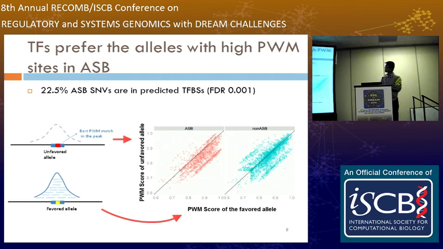So the motif disruption for the unfavored allele is related to the transcription factor binding disruption. When we look at the non-ASB events, we see quite balanced scores, so the PWM score difference is quite informative for ASB events.